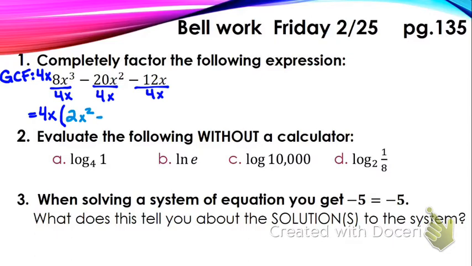Jimmy told us that we're going to get a negative 5, and one of those x's will cancel out. We have negative 12x divided by 4x, and we know that that'll give us negative 3. All right, so I found my greatest common factor. I removed it from each of those values.